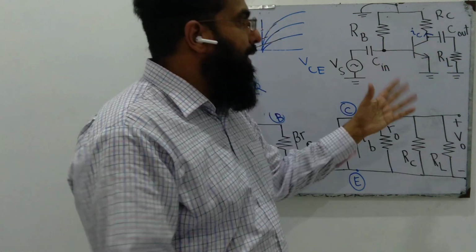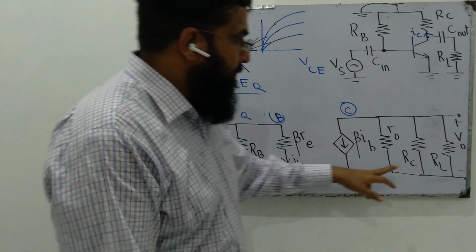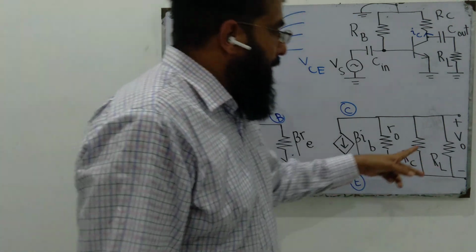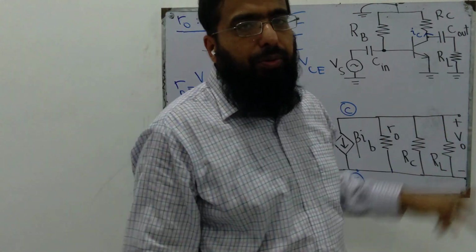So in effect, for AC, RC and RL appear to be in parallel. Therefore we have drawn it like this, and across RL we have to compute the output voltage Vout.